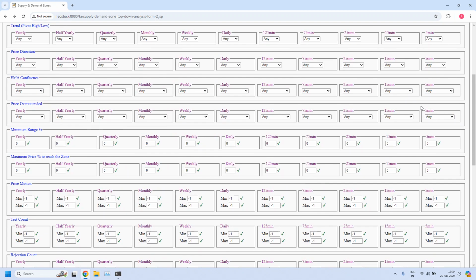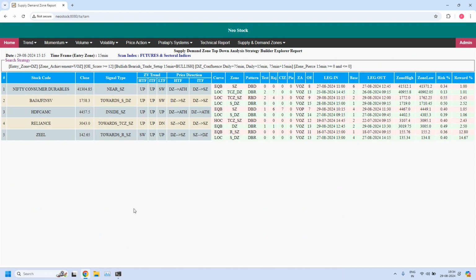With all the 3 filters, we got 5 stocks. And these 5 stocks are having LTF, ITF, HTF confluence. That means 15 minutes demand zone, 75 minutes demand zone and daily demand zone, all the 3 are overlapped with each other.